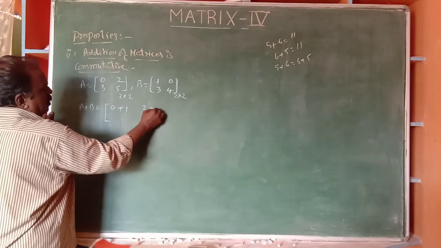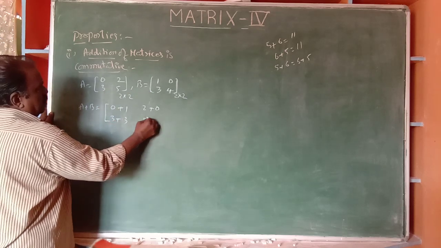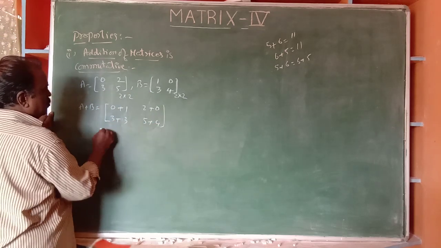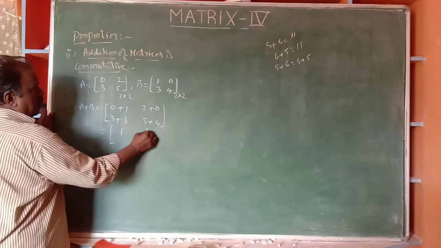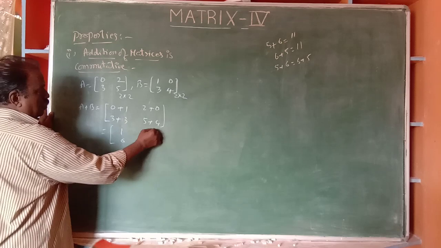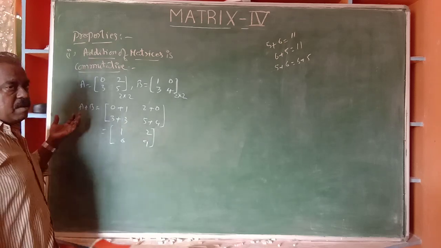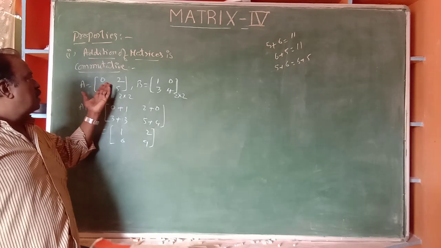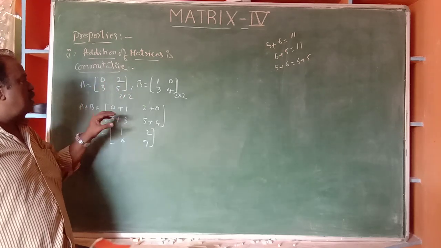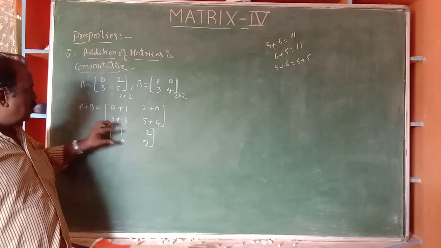Corresponding elements are to be added. It is 3 plus 3, 5 plus 4. This is 1, 2, 6, 9. Okay, now, here in the addition of matrices, the corresponding elements are added together. So we get a new matrix.